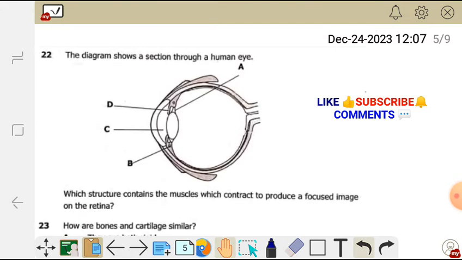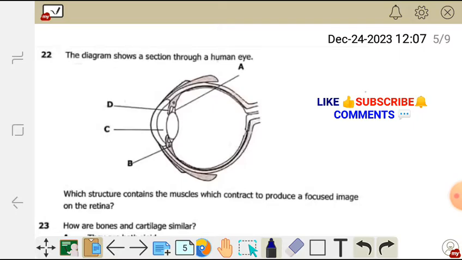Question 22. The diagram shows a section through the human eye. Which structure contains the muscle which contracts to produce a focused image on the retina? So the muscle which contracts is the ciliary muscle there, which is B. A is the suspensory ligament. It's a ligament, it's not a muscle.